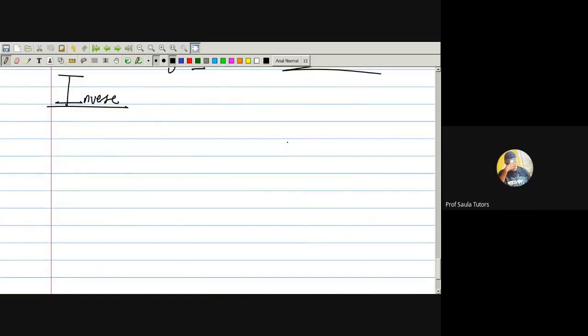So how do we find inverse of a function? What are the steps? Let me use a question to explain.